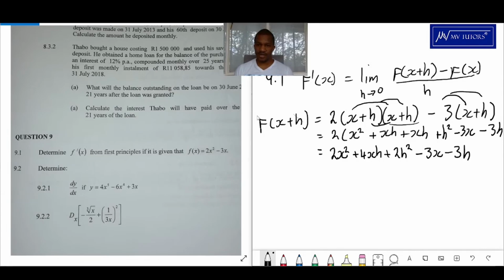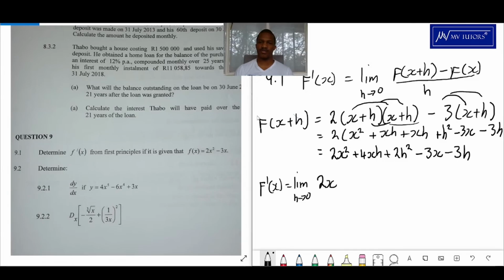What can we do now? Is it in its simplest form? It looks like it. So what I'm going to do is take this whole thing and substitute it back into this equation. Unfortunately, I have to write the limit thing again. Okay, so f of x plus h, I'll write this whole thing.